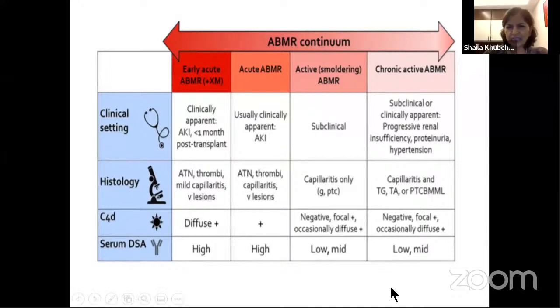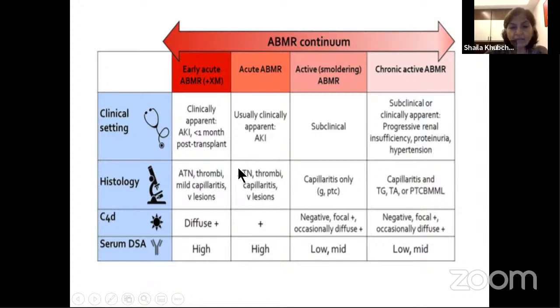I'm just going to take a minute to talk about this, because though we do not do surveillance biopsies, what is important to note is that in your standard acute antibody-mediated rejection, it's invariably apparent clinically; the creatinine levels are going to go up for sure.